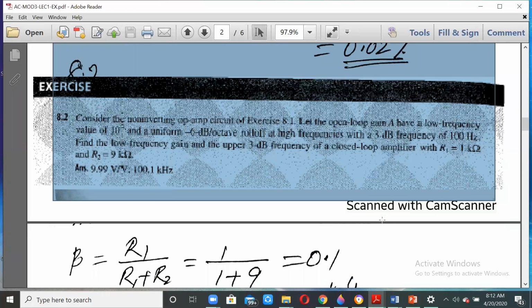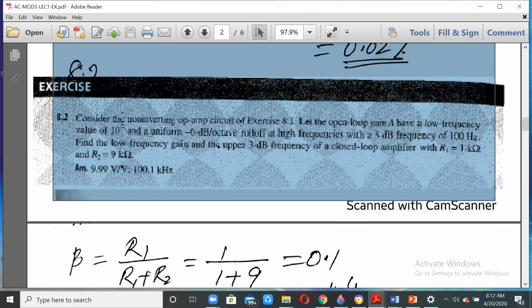Then the 8.2 is, we are given the gain as 10 to the power of 4, with a uniform minus 6 dB per octave roll-off. Please remember, minus 6 dB per octave is equal to minus 20 dB per decade.